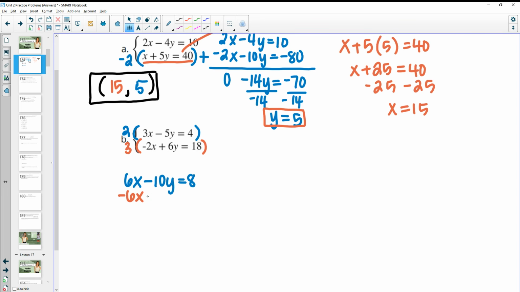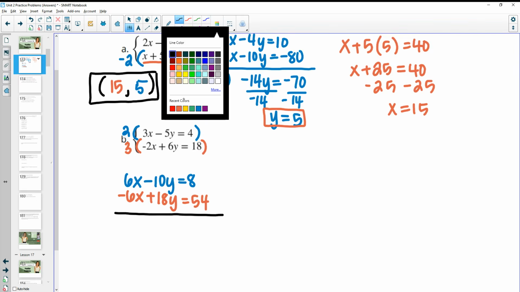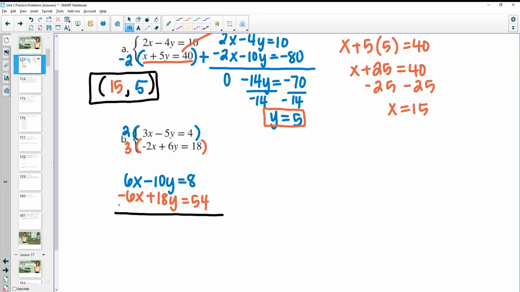And then 3 times 6y is 18y. And then 3 times 18 is 54. So then we can go ahead and add these together since we have opposites, and opposites add to 0.